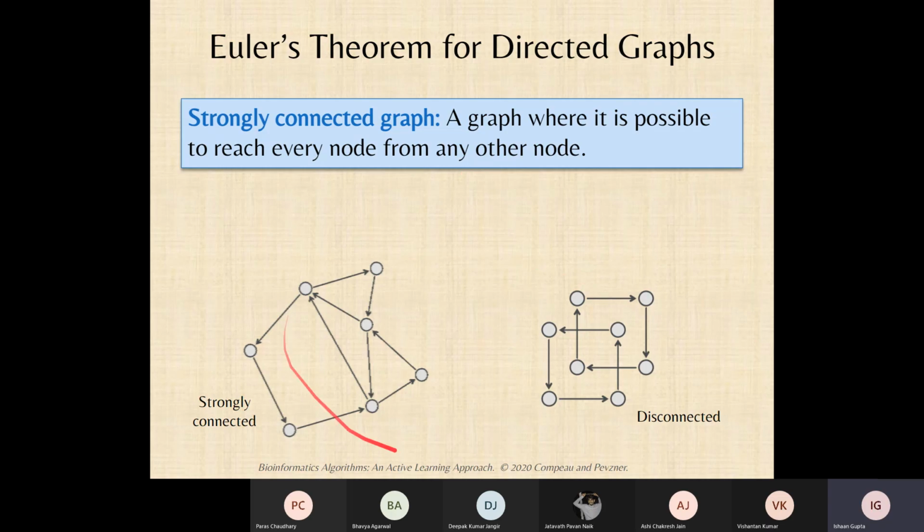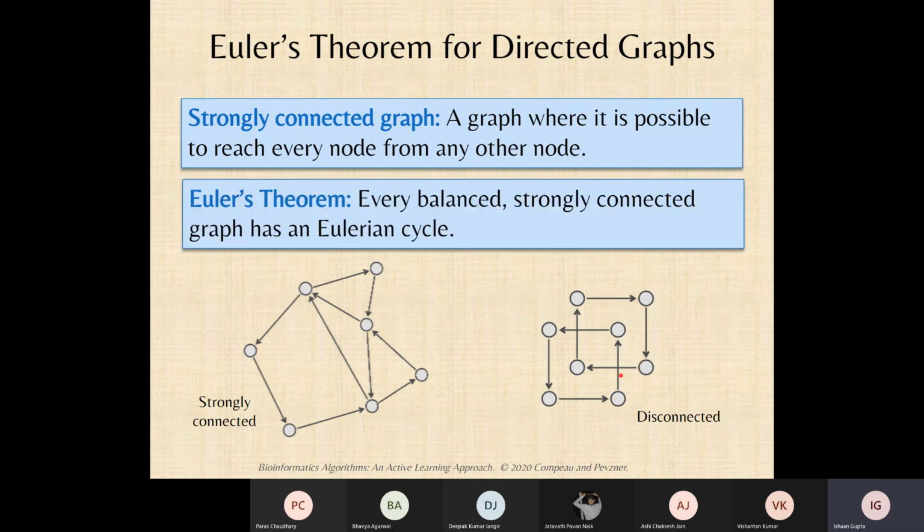For example, this is a strongly connected graph. So each node you can visit from any other node. This, for example, is a strongly disconnected graph, where it's very clear that if you are in any of these cycles, you are not going to be reaching these other 4 nodes. Okay, so again, Euler's theorem says every balanced, strongly connected graph has an Eulerian cycle.